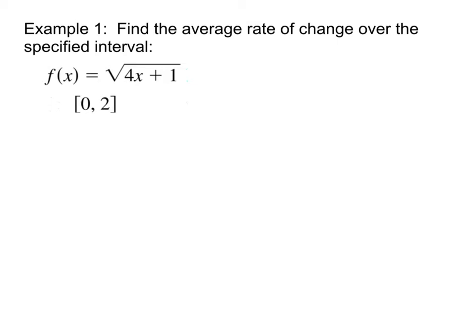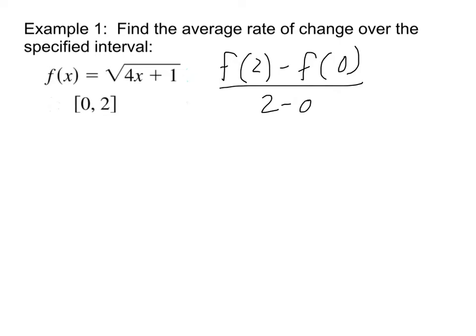Okay, so if I was going to do this, it would be f of 2 minus f of 0 all over 2 minus 0. So let's see. If I plug in a 2, 2 times 4 is 8, plus 1 is 9.